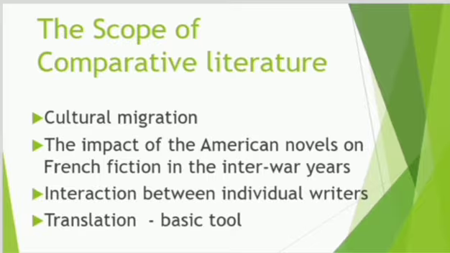Now let us see about the scope of comparative literature. The comparatist may study questions of cultural migration. For example, a scholar may study the impact of the American novels on French fiction in the interwar years. He may also study the interaction between individual writers. Mainly, comparatists are interested in translation, as translation remains one of the basic tools of comparative literature.